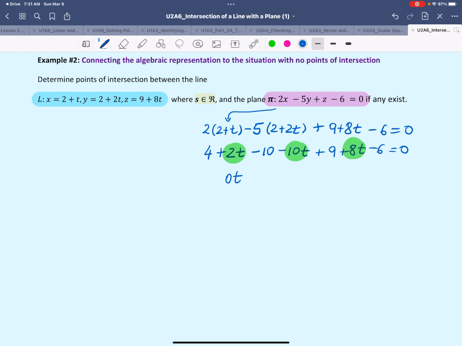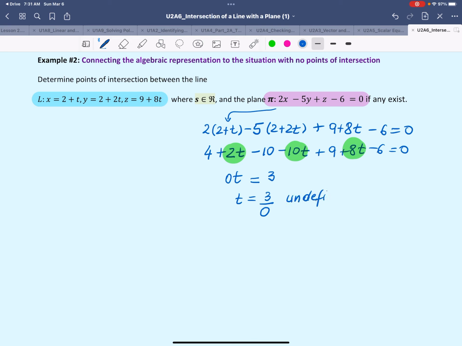For the constants, 4 minus 10, that's a negative 6. Another negative 6 will make a negative 12. Negative 12 plus 9, negative 3. So take to the other side, positive 3. So the value of t would be 3 over 0, and this is undefined.